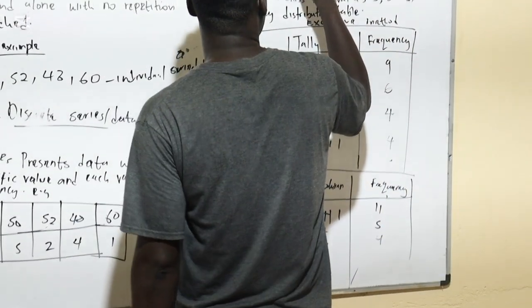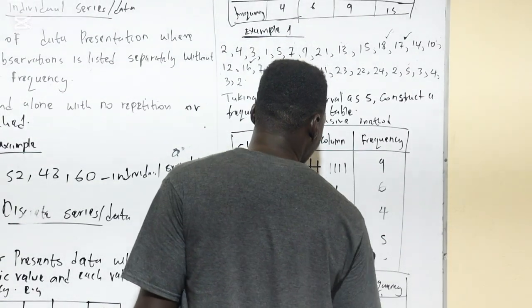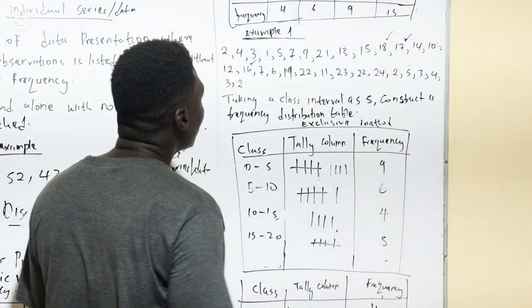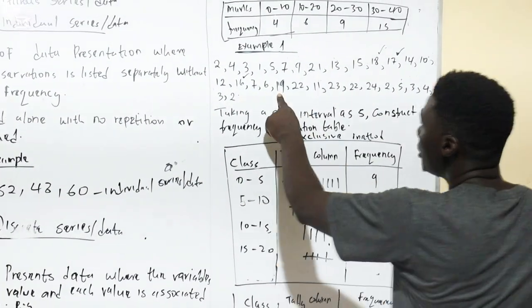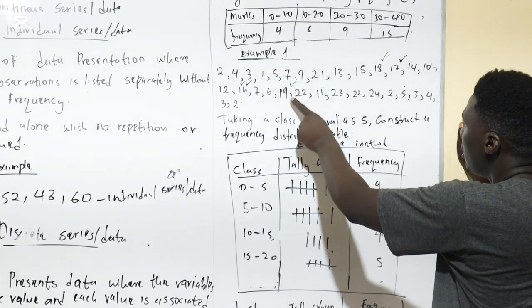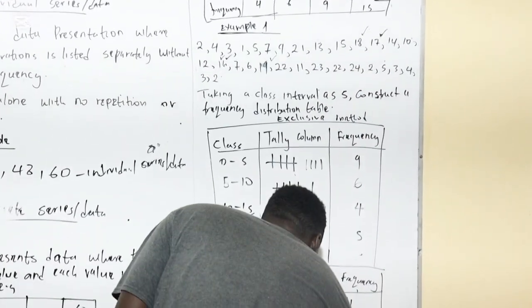This is 19. I forgot 19, so this is 5. It's supposed to be 19. So we'll count 18, 17, 19, 16. There's no 20, so here will be 4.